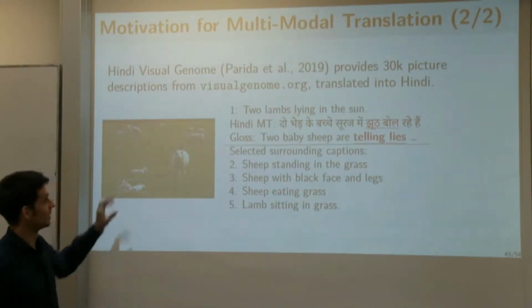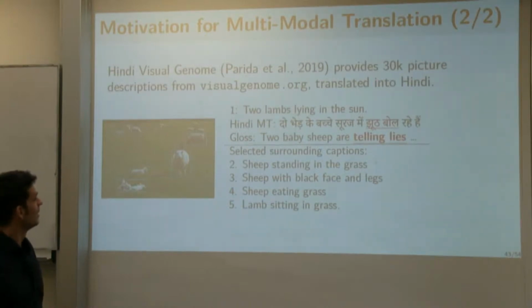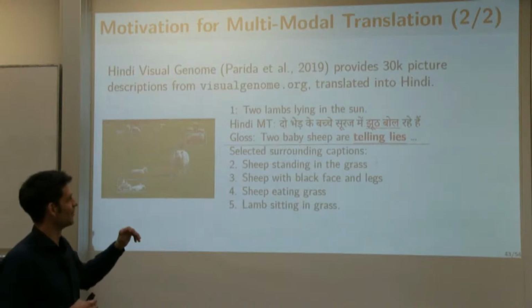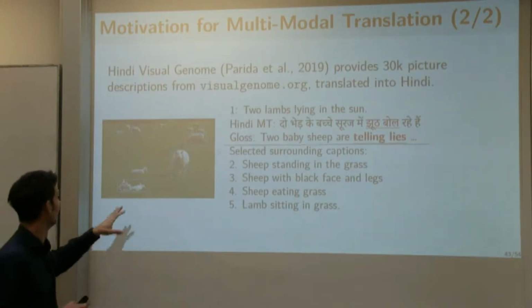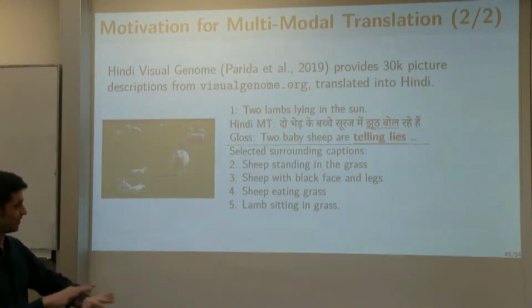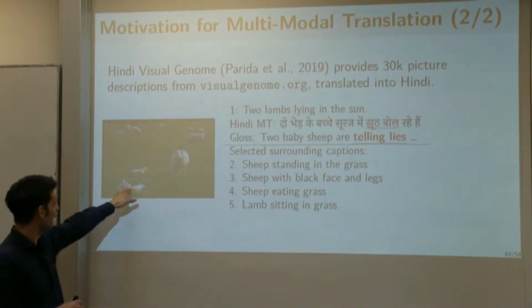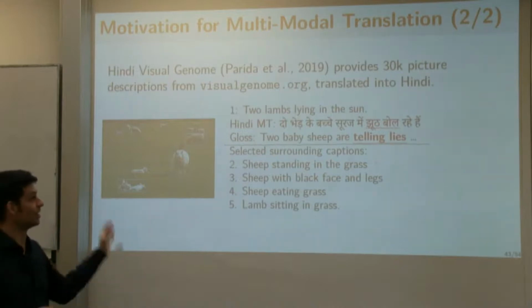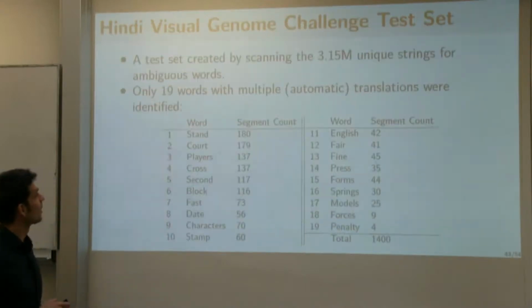Both could be happening, and the picture doesn't indicate it. But still, lying in the sun is more commonly related to the act of lying down, and you could see that in the picture. So the picture could hint at the correct translation.